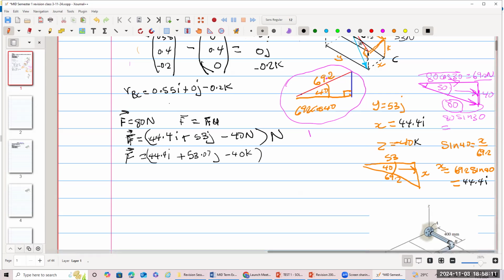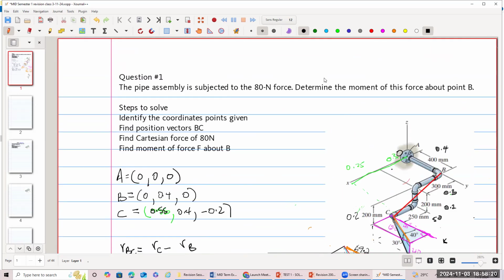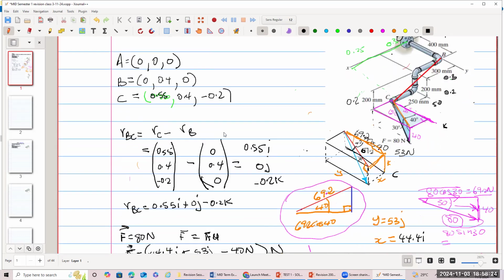So how do we move from here now? They say we want the moment about a point, not an axis. It says find the moment of the force about a point.